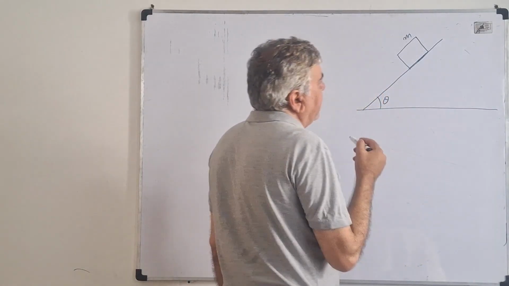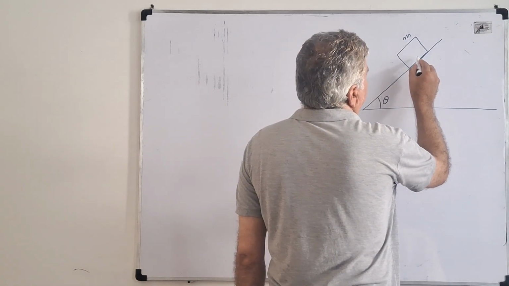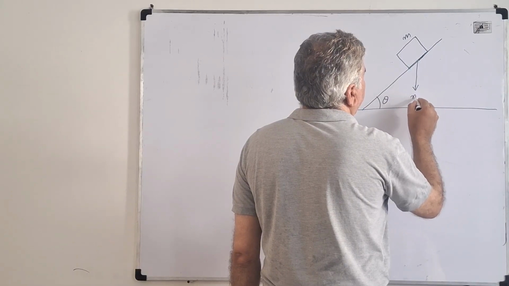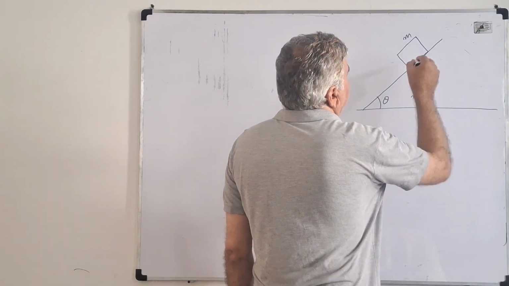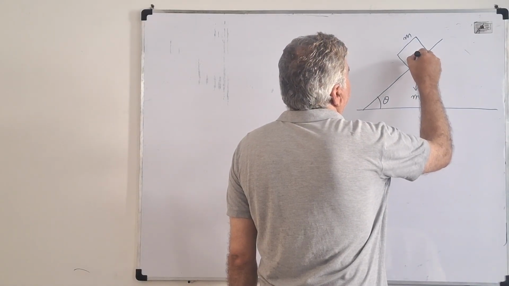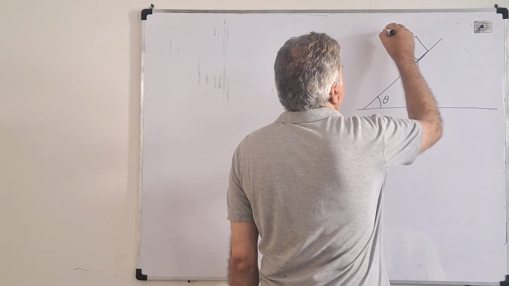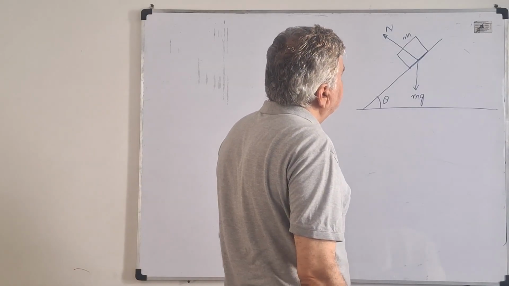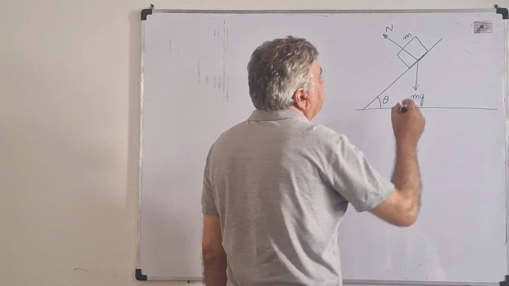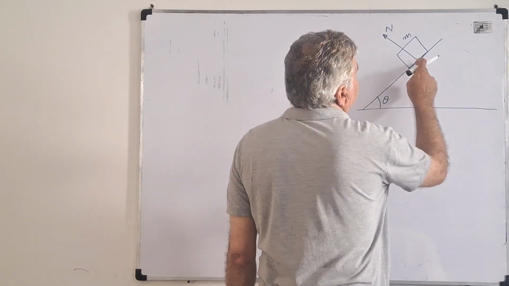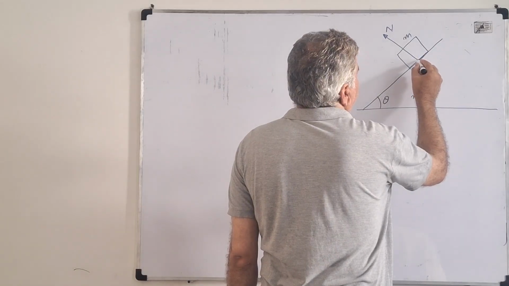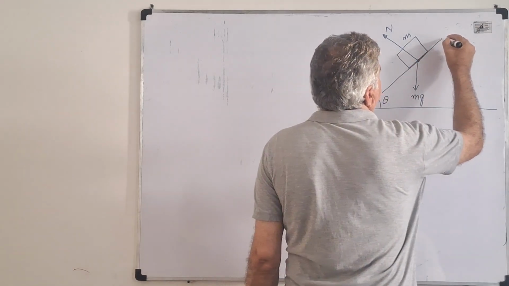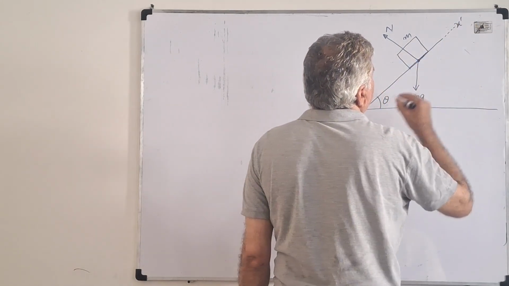So if we look at this, there are two forces acting on the block. One is the weight of the block, which is equal to m times g, and the other is the normal force or reaction force of the plane, which we denote with N. So we can solve this problem by choosing our coordinate axes at the intersection of the plane and mass, such that in the direction of the plane we have the x-axis positive, and this side x prime, that is negative axis.